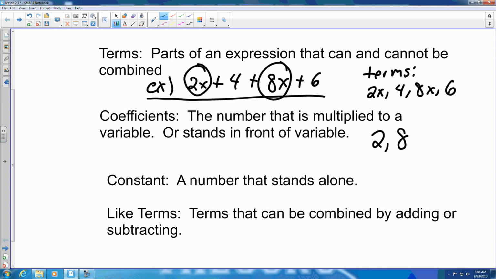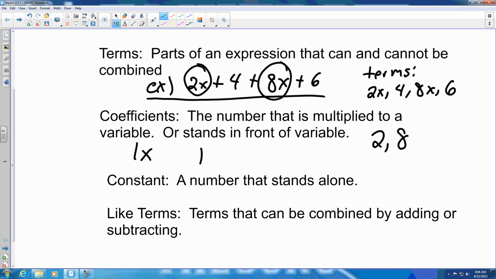It's just the number that is to the left of our variable. If we just had something like x right here, that's basically like saying 1x. So the coefficient for this one would be 1.